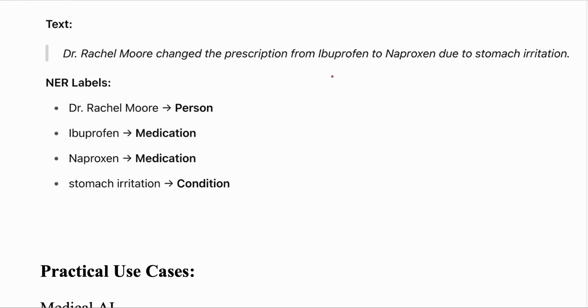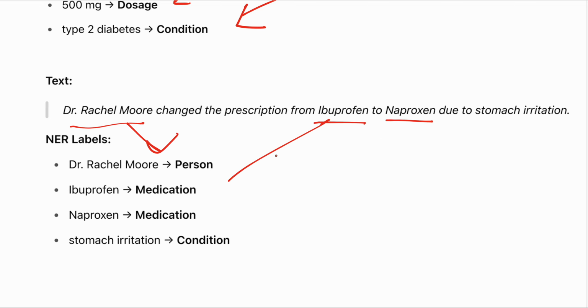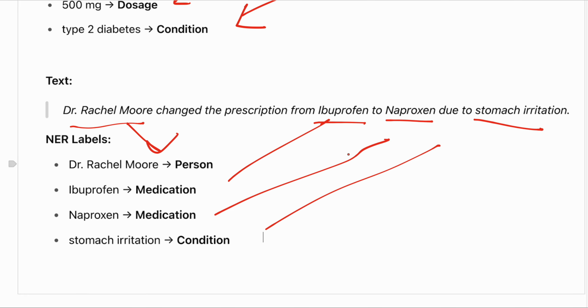So let's assume that the input piece of text is: Dr. Rachel Moore changed the prescription from ibuprofen to naproxen due to stomach irritation. So in this case, as you might have already figured out in your mind, the ideal output of the NER model should be that Dr. Rachel Moore is the person, ibuprofen and naproxen both are the names of medication, and stomach irritation is the medical condition which is being referred to in this example.